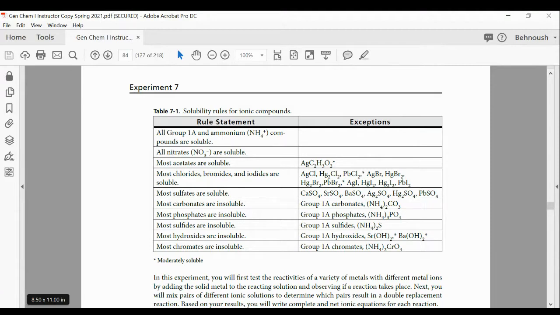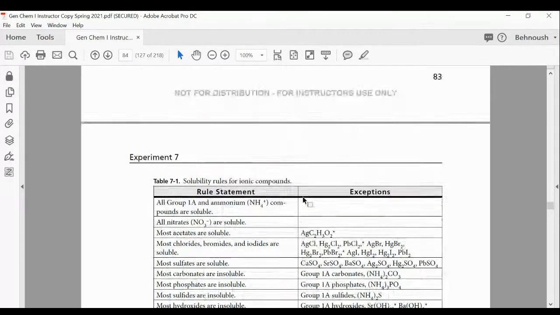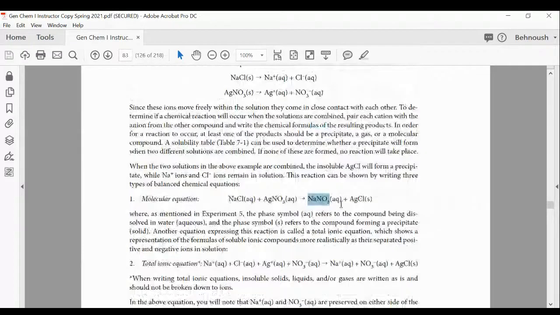Any compound that contains group 1A, and since sodium is from group 1A, if sodium is associated with any anion, so if you have sodium carbonate, sodium sulfate, sodium nitrate, sodium nitrite, any of those is going to be soluble. So for those two reasons, we know that sodium nitrate is aqueous. And then the other one, we still have to examine against the table to decide if it is solid or not. And silver chloride.